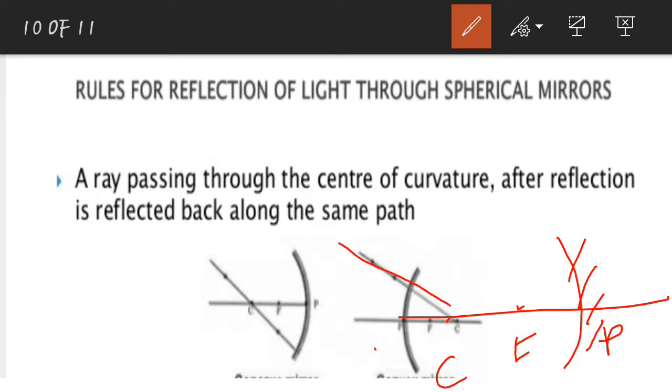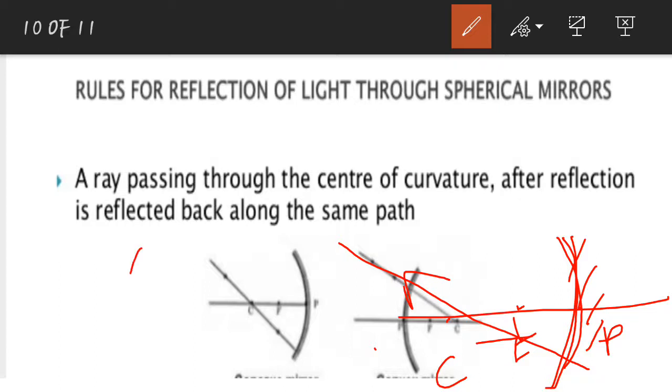And if a line is passing through the center of curvature, it will be retracing its path, means it is going to reflect back in the same path. This center of curvature will be acting as a normal, wherein there will be no reflection we will be getting.